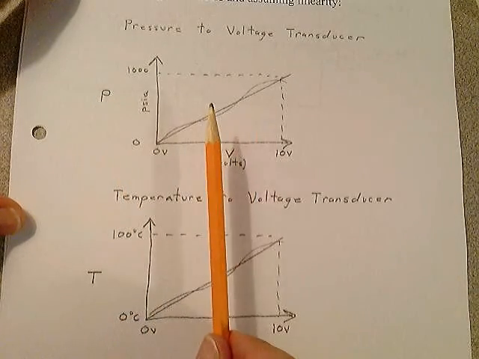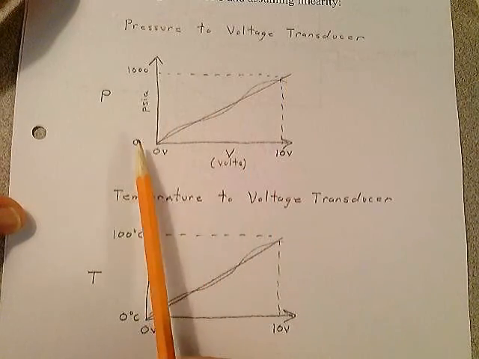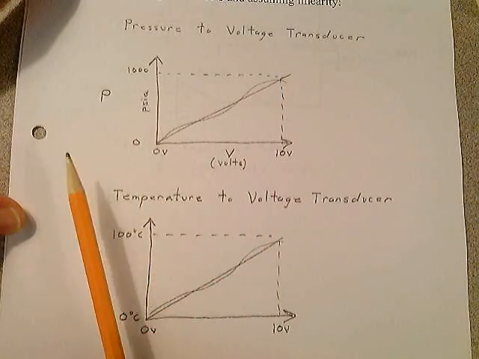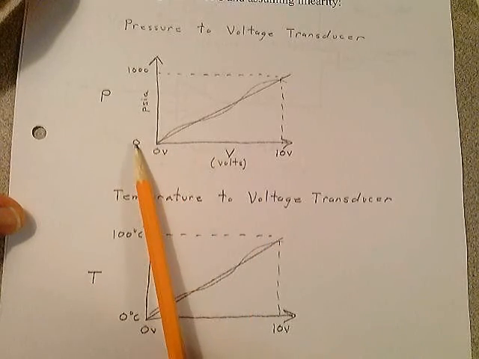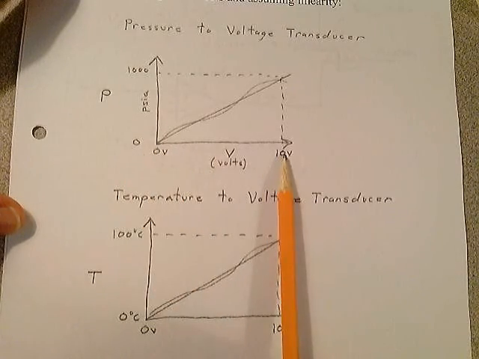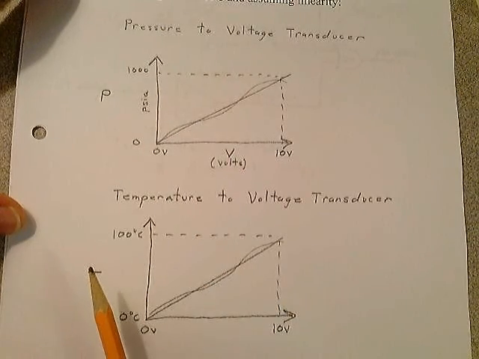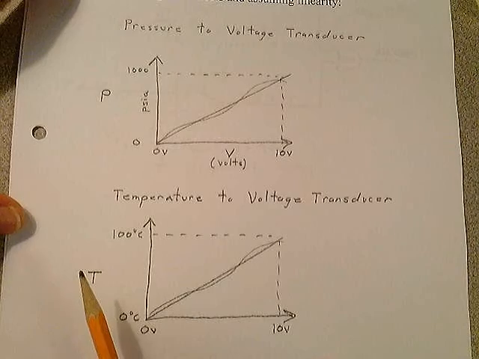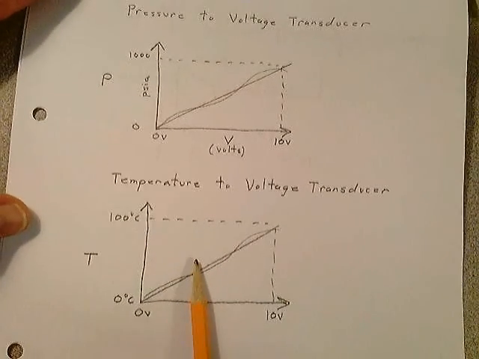We're going to say we went out and purchased it, and let's use it in a linear form. It goes from 0 to 1,000 pounds per square inch, and it's 0 to 10 volts. Where 0 volts is 0 pounds per square inch and 10 volts is 1,000 pounds per square inch absolute.